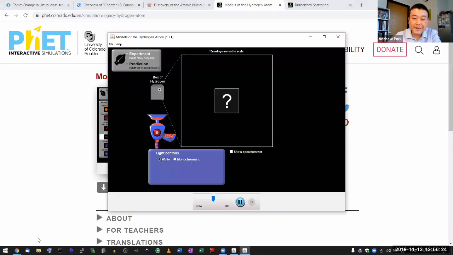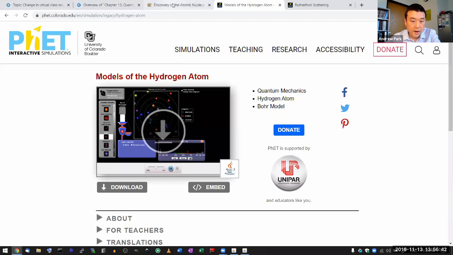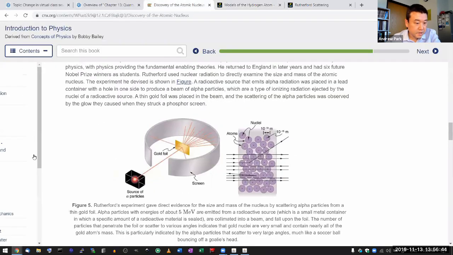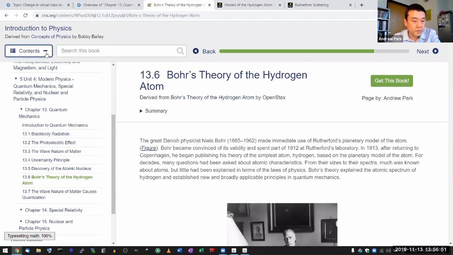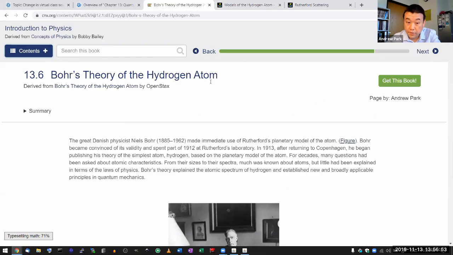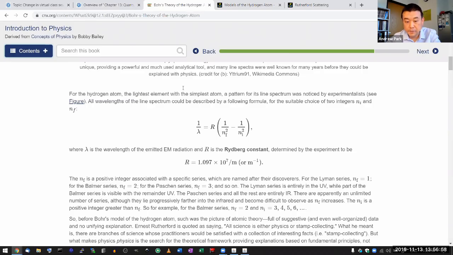Now that we are talking about quantum mechanics, I can run through what the predictions of the different models are. And that's what section 13.6 is getting at. It describes Bohr's theory of the hydrogen atom, which is the model that won out over other possible models.